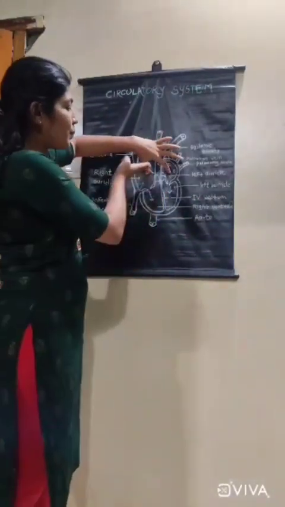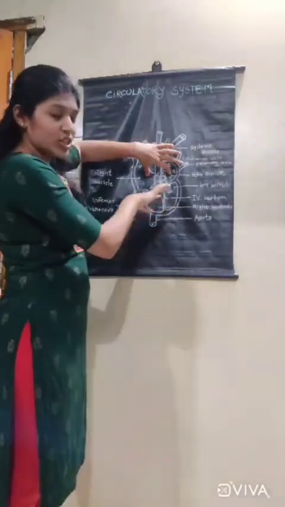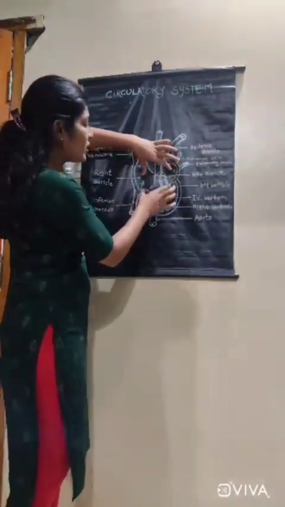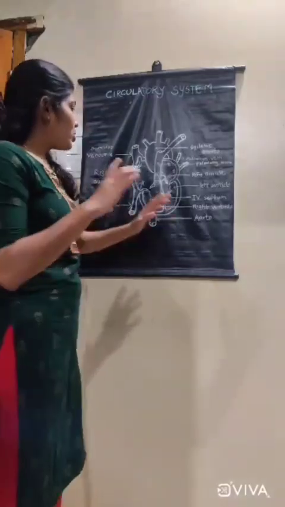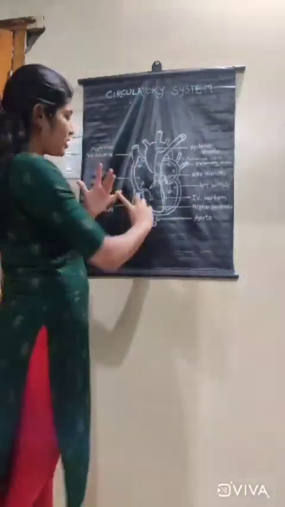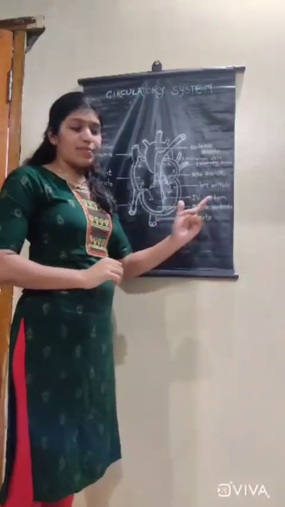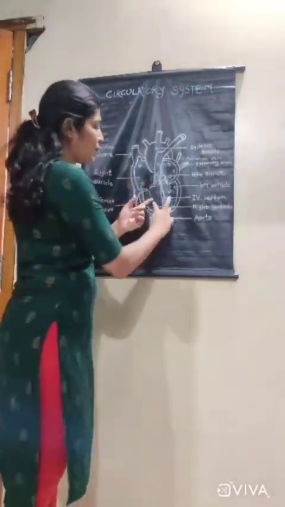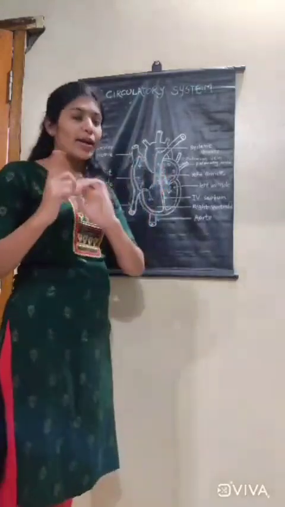The two upper atria and the two lower ventricles are separated by the atrioventricular septum. So the atrioventricular septum separates the atria and ventricles, the interventricular septum separates the two ventricles, and the interatrial septum separates the two atria.